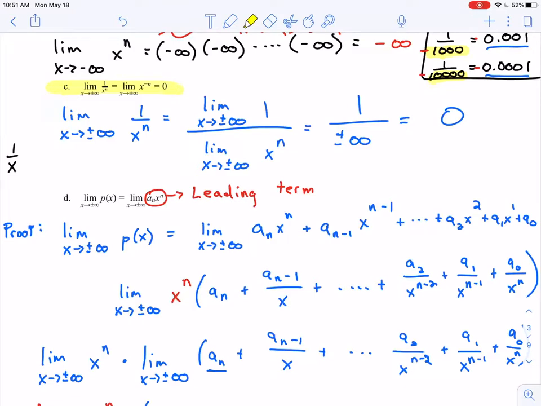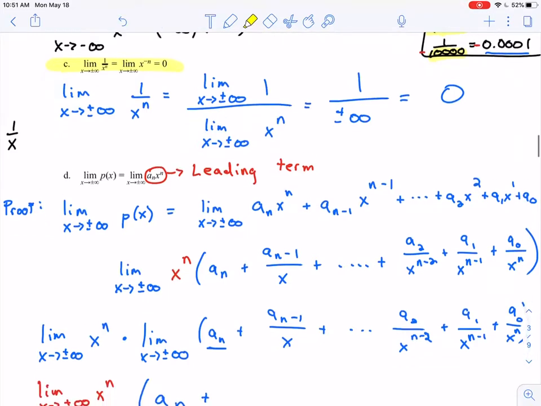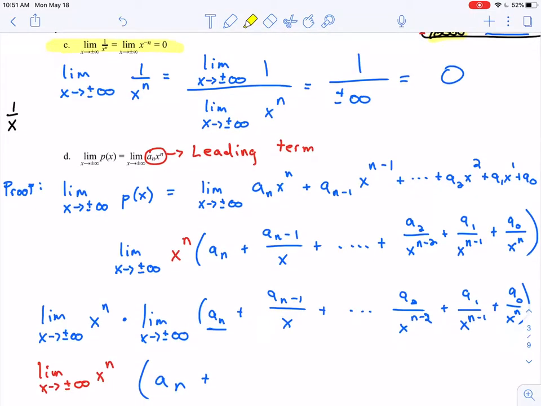This says if you have a constant, or 1 in this case, divided by any positive power of x, that's going to approach 0. And you could apply a couple of limit laws to show that it works for any constant, not just 1. So this next term is going to go to 0, plus and so on. All of these terms have powers of x in the denominator, which means they're going to go to 0.